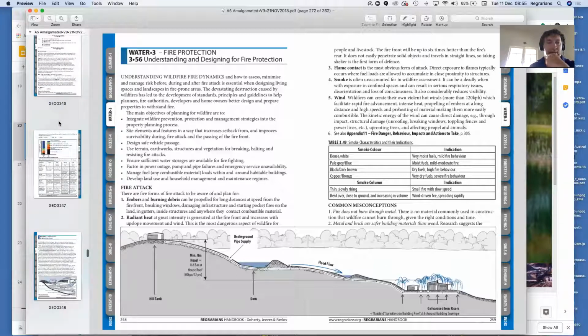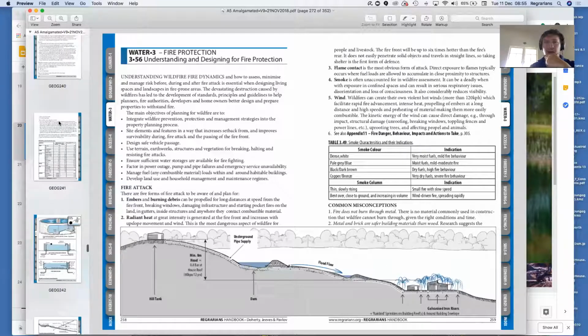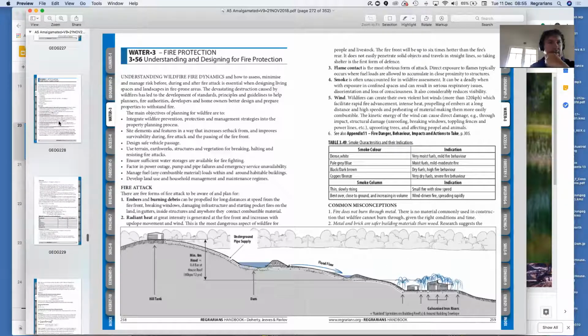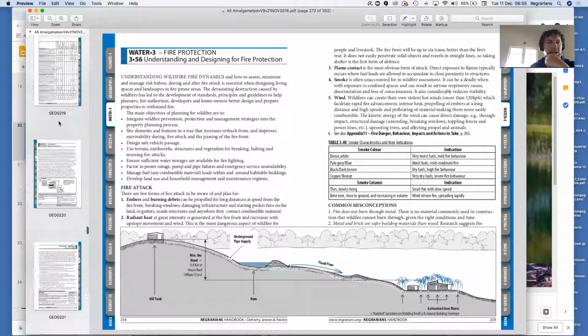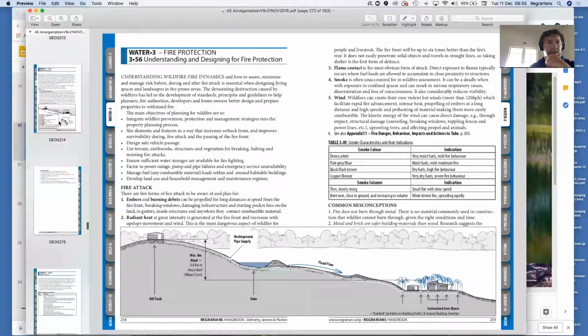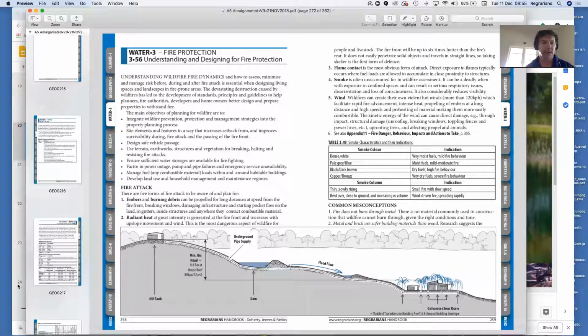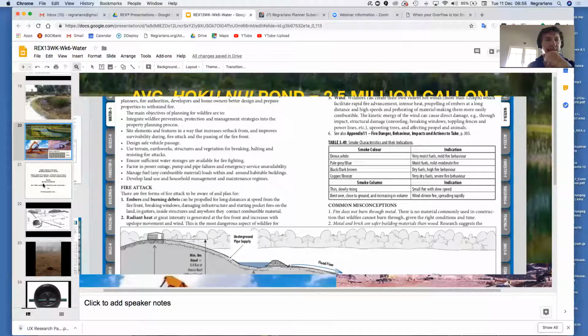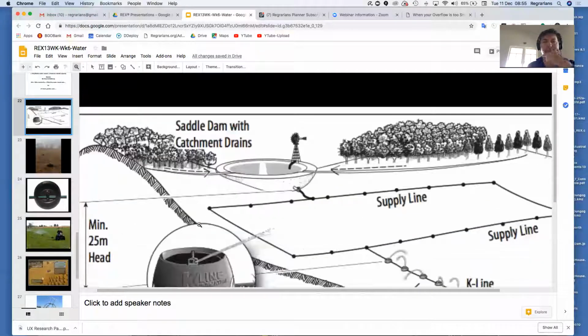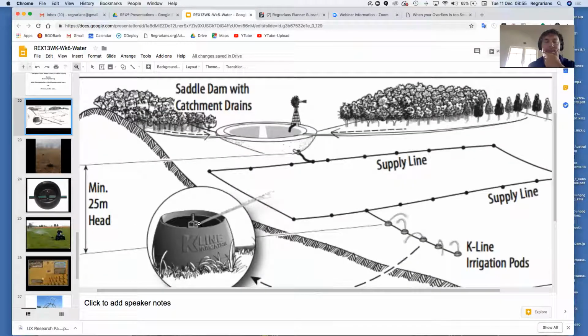All right. The other thing I wanted to deal with before we wind up and take any questions is irrigation itself. So I might just shift over to the presentation-y bit of this. One of the systems that I'm a big fan of is the K-line system.